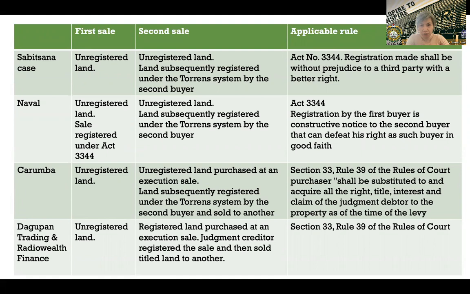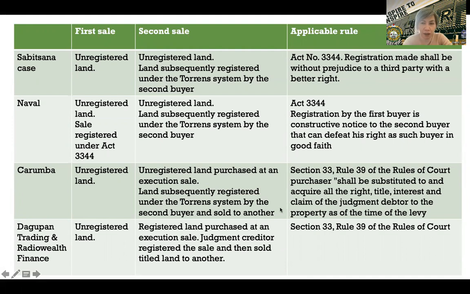The land was subsequently registered under the Torrens system by the second buyer, and that second buyer sold it to another. So the court ruled here, ang applicable rule kay Section 33, Rule 39, 33 ba 35? Check lang, ilain-lain na ako ang kung ano, gisite na section.